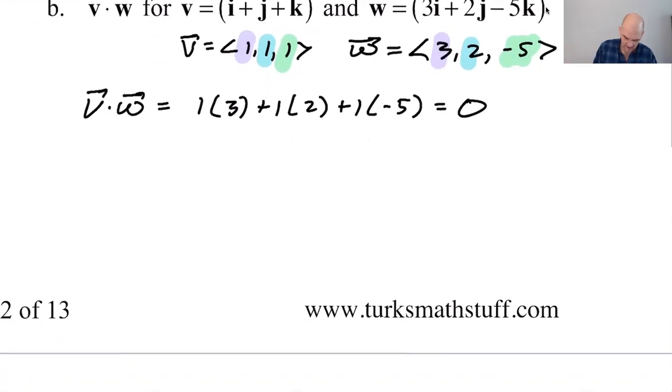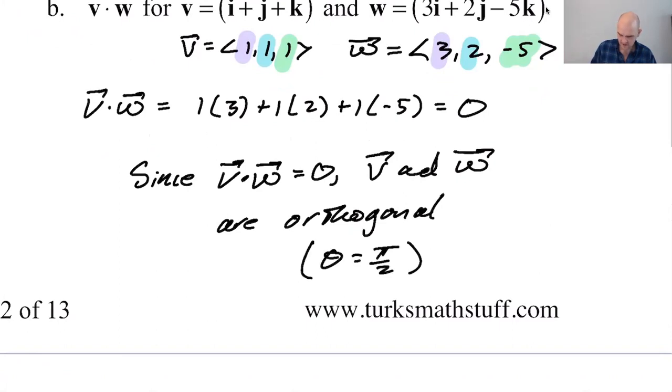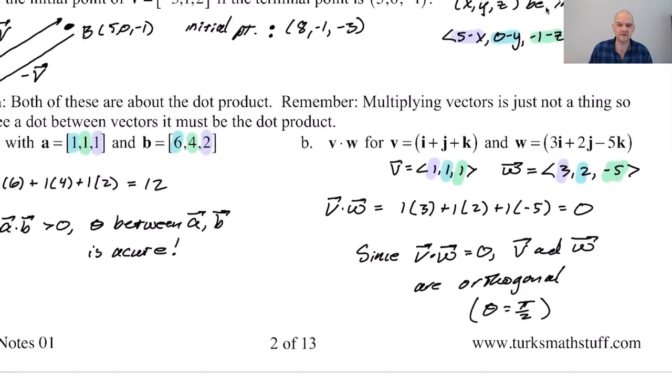Since v dot w equals 0, v and w are orthogonal, which means theta is pi over 2. The angle between them is pi over 2. That's a huge result. That might be the biggest result you get from dot products.